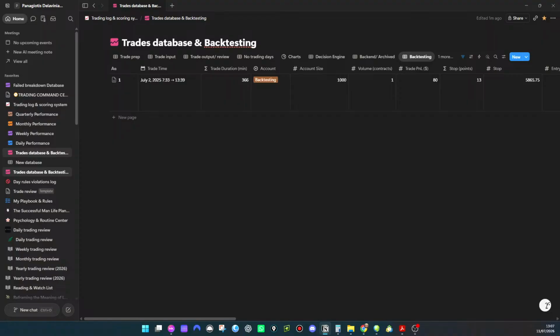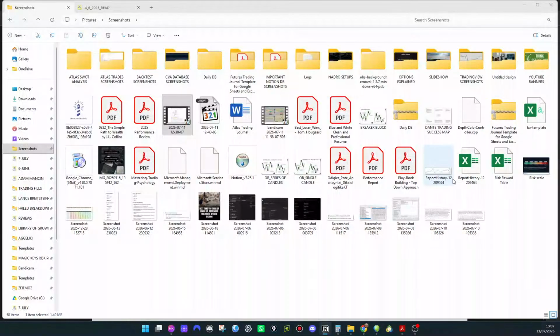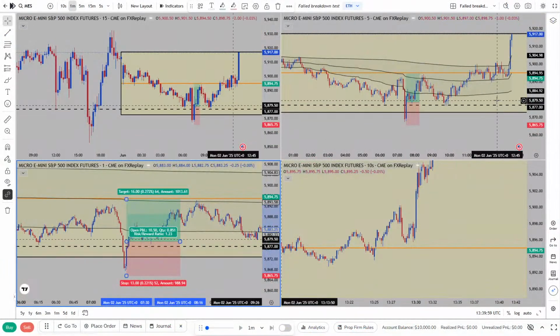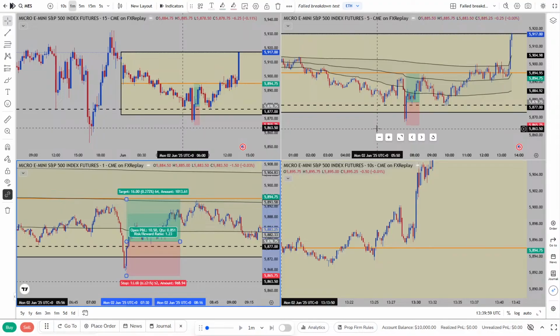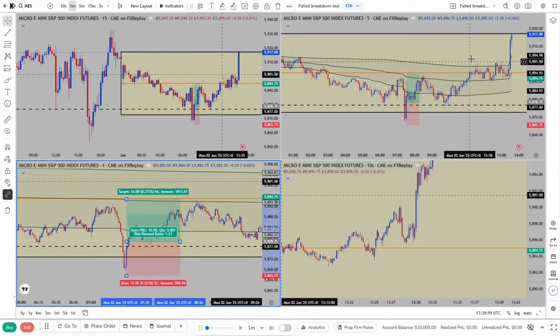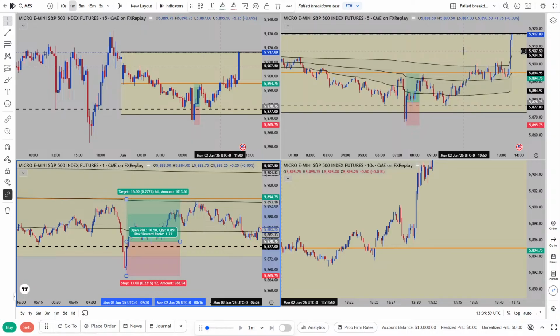Okay, so what I'm doing is I have the Mancini newsletter so I can see when the failed breakdown happened. The next failed breakdown was on Tuesday, the next day at 6:45 a.m. So I'm going to go there, and the level was 59.25.